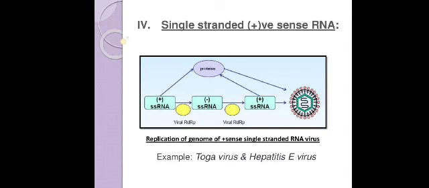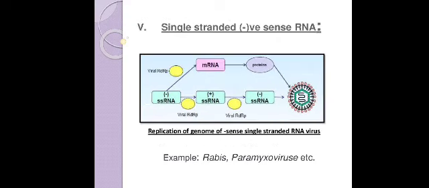After this conversion, the nucleic acid, single stranded positive sense RNA, and the protein bind together compactly and form a single stranded positive sense RNA virus. Here you can see the replication of the genome of a positive sense single stranded RNA virus. Examples are Togavirus and hepatitis E virus.